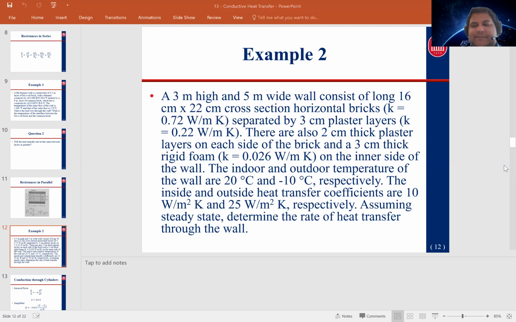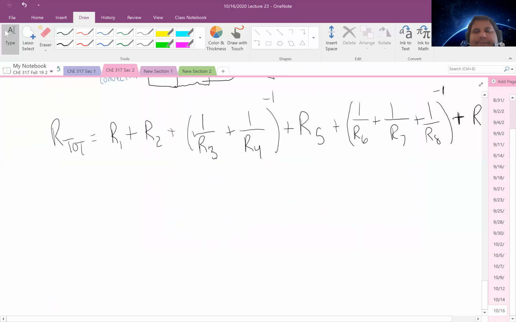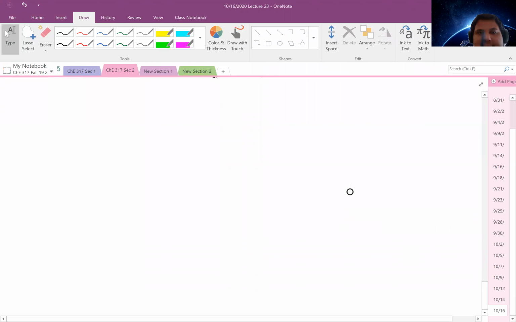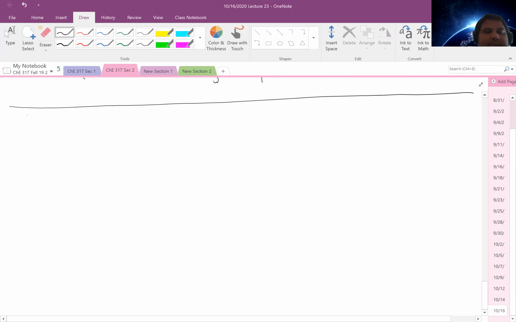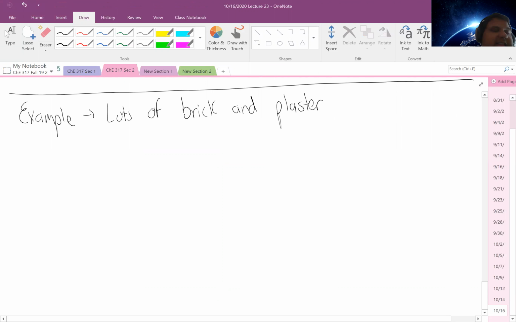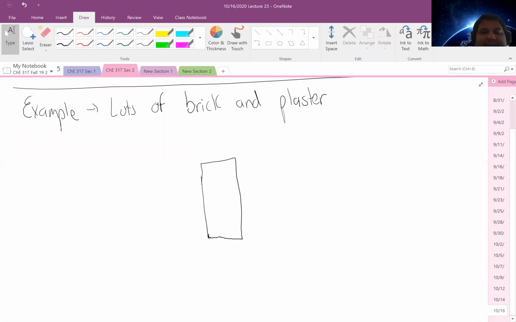So let's draw this out and take a look. In this example, we have a brick, and around that brick, we have some plaster.